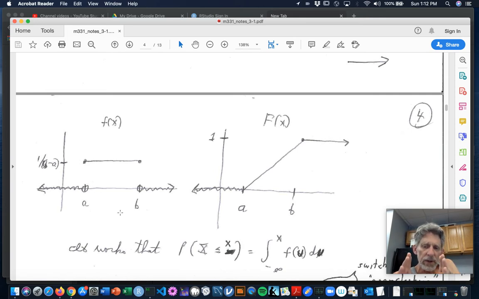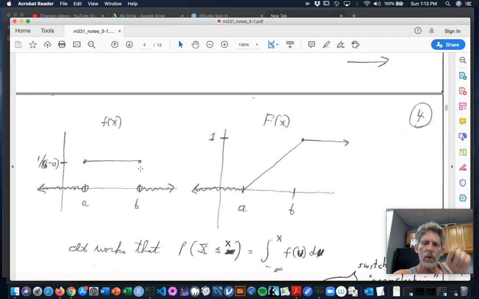If I were really going to make it match up, I would say that little f is not even defined at a and not even defined at b, to match that there's no derivative here and no derivative here. So I kind of didn't really come through on it. I'm making this one defined at all real values.